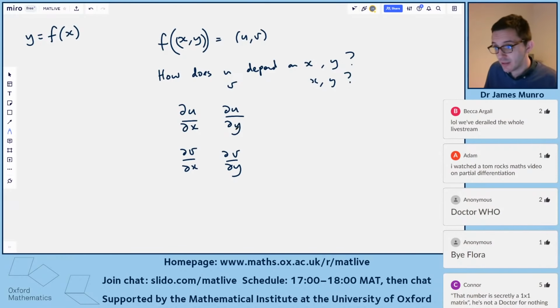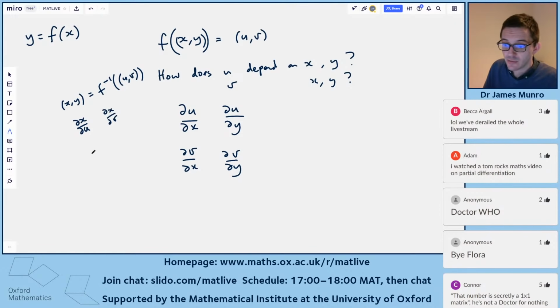Here's the fun thing. If you can invert this function, then you might want to talk about how does x depend on u, how does x depend on v, how does y depend on u, and how does y depend on v.